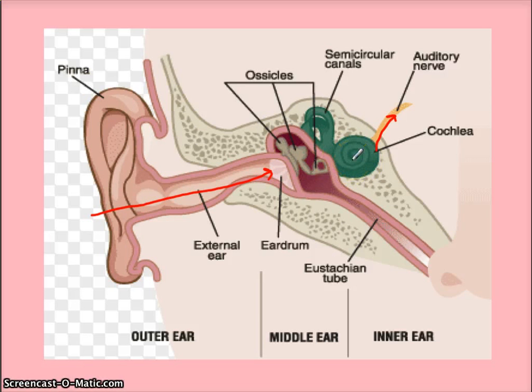Now inside the cochlea is where you have another membrane that reflects the vibrations that hit the eardrum. Now this other membrane has hair cells near it, and these hair cells stimulate the nerve fibers here that send an impulse to the brain, and there the brain interprets the sound.